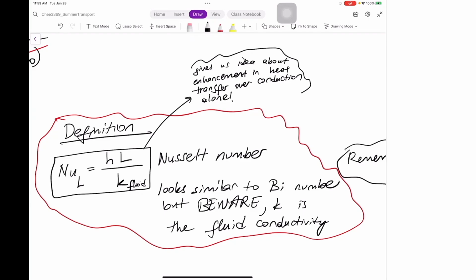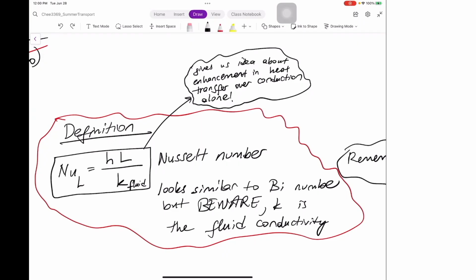It means what is going to be the enhancement in my heat transfer just by flowing, just by pushing the fluid over the plate, instead of just leaving the fluid there, not in motion, right? So it gives you an idea about what h is depending on what k is.